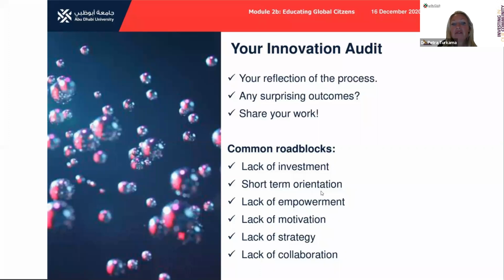One of them is this lack of investment, whether it's lack of investment in financial terms, in terms of training, in terms of setting expectations, in terms of role modeling. If you're in the management of the school, we have to walk the talk, as we say, leading by example. Another is short-term orientation.